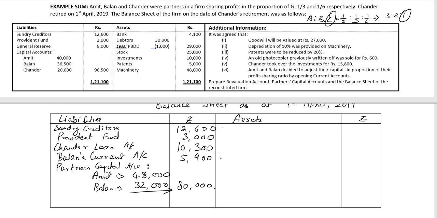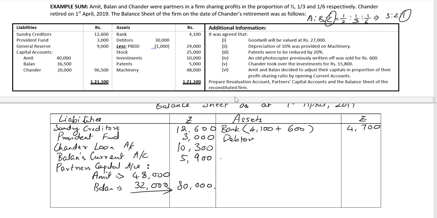We'll continue with the asset side items. Bank, the opening balance was 4,100 rupees. As per point 4, an old photocopier previously written off was sold for rupees 600. So we received 600 rupees. So the final amount for bank is 4,700 rupees.